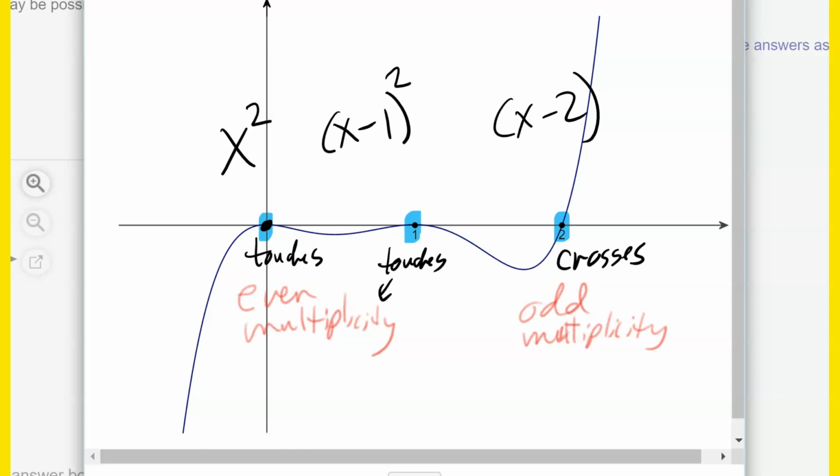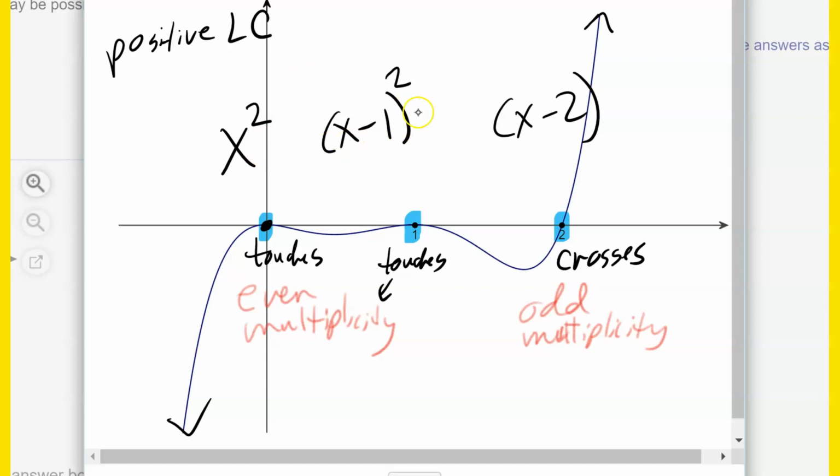And it could be to the 1st, or to the 3rd, or the 5th, or the 37th, as long as it's an odd number. But I think it's just going to be to the first power for simplicity's sake. Notice that the right arm is up and the left arm is down, so I'm going to have a positive leading coefficient. Now let me go back and see what answers match up with what I've said.